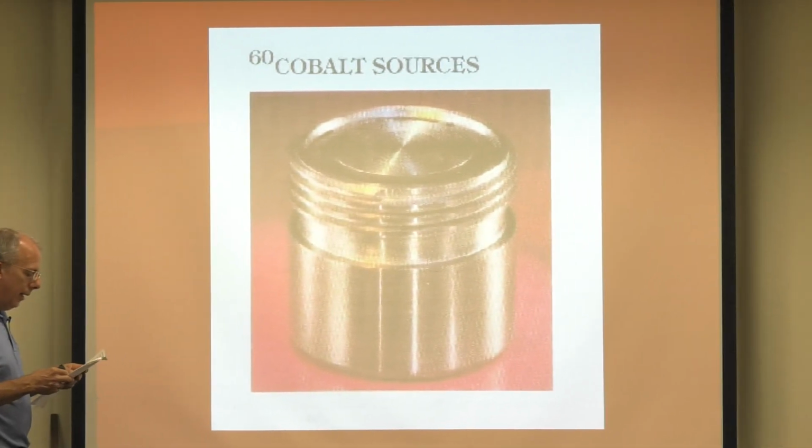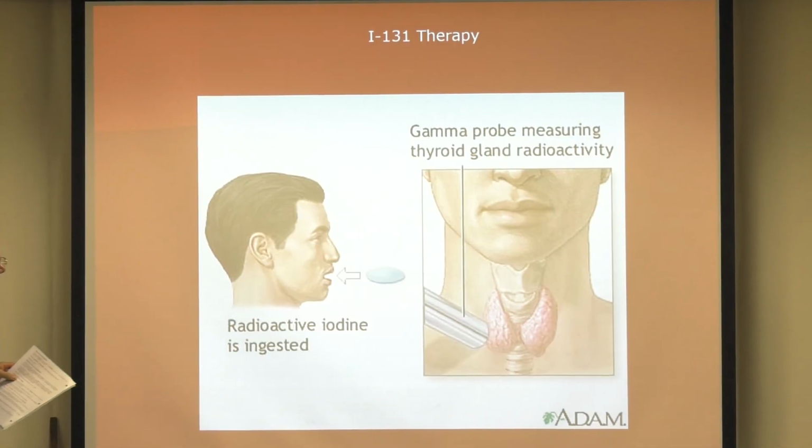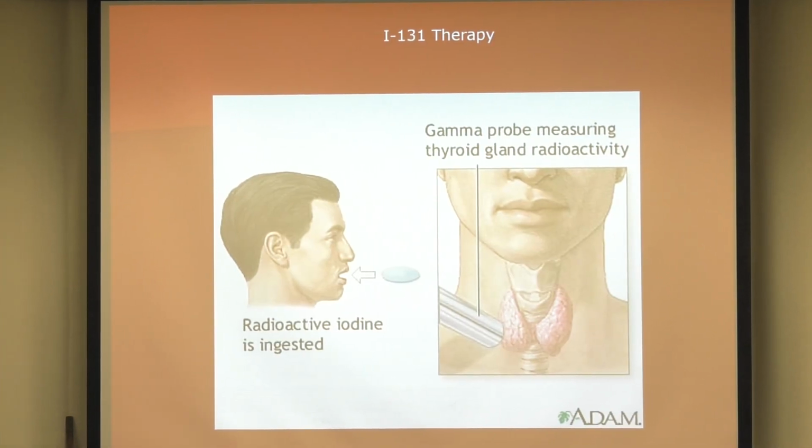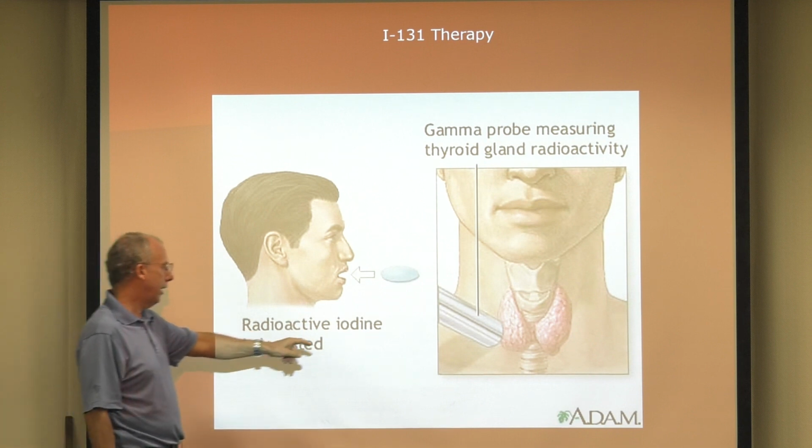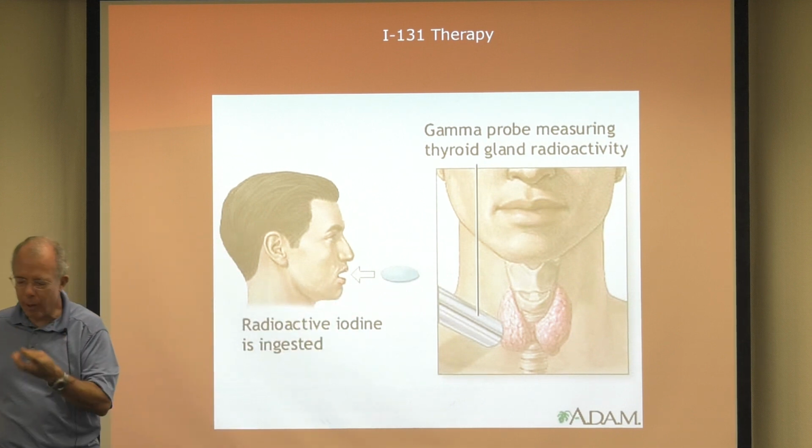On the other hand, let's talk about I-131 therapy. Iodine is naturally taken up by the thyroid. When people have thyroid cancer, they usually remove the thyroid, but then you don't know if you got everything, right? So they usually give you I-131 therapy. Basically, you actually ingest I-131.